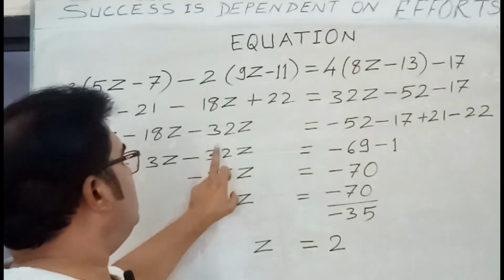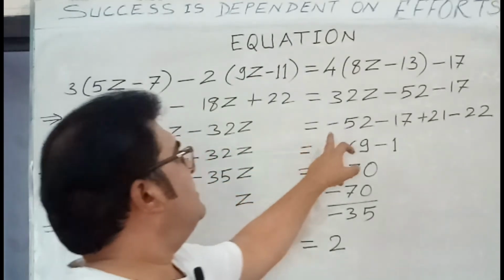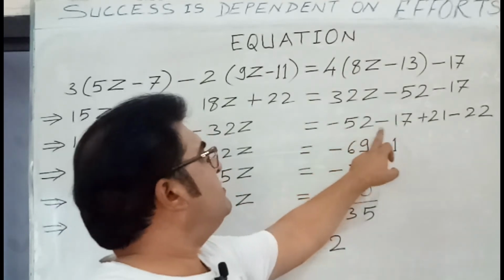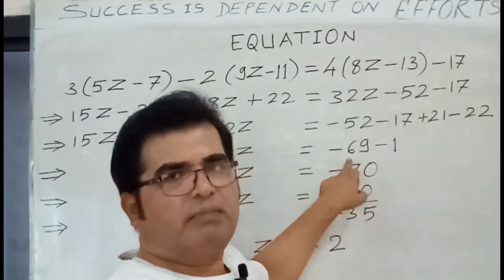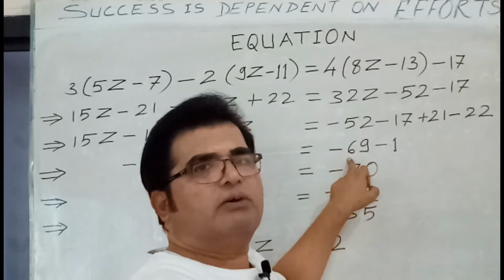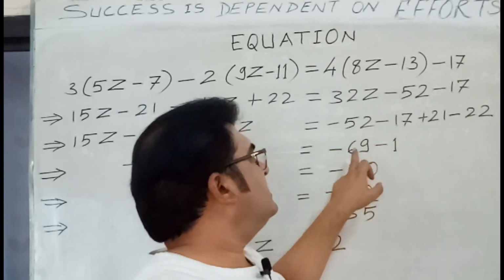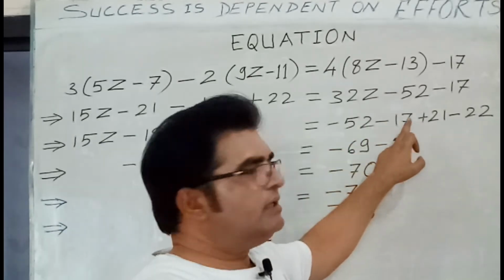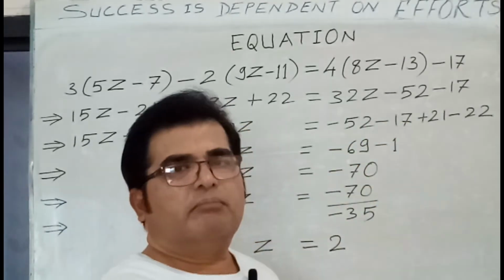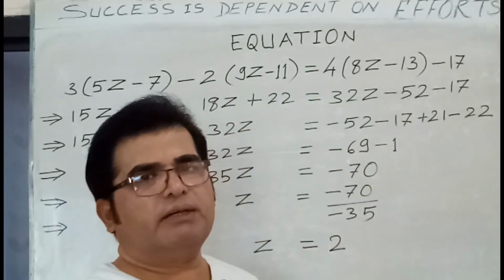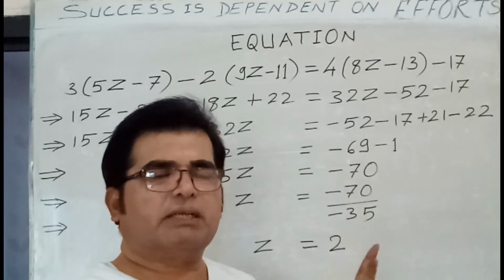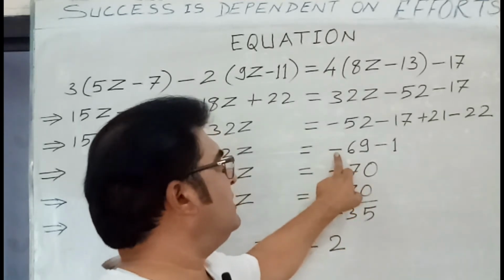Minus 32z we have written just like that, and here minus 52 minus 17 became minus 69 because when we add two negative integers we have to add the integers and the sign will be minus only.